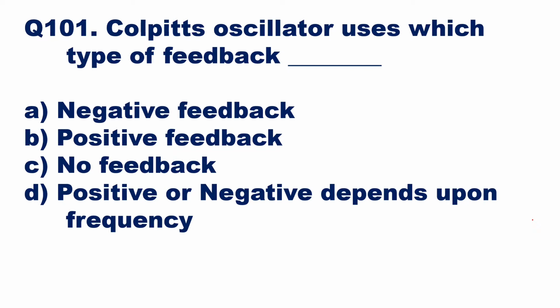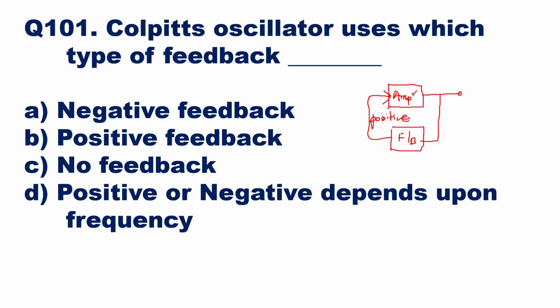Now, this is a basic question of an oscillator concept, and we know that whenever we build up an oscillator circuit, we'll have an amplifier and a feedback network, and the output of the amplifier is given as a feedback to the input. This feedback is positive.